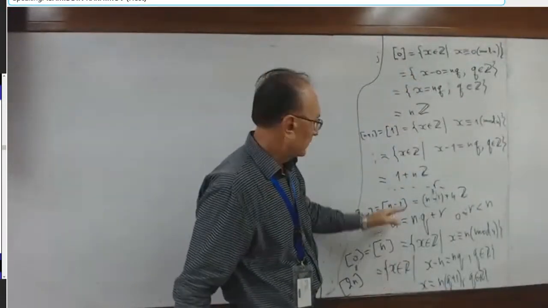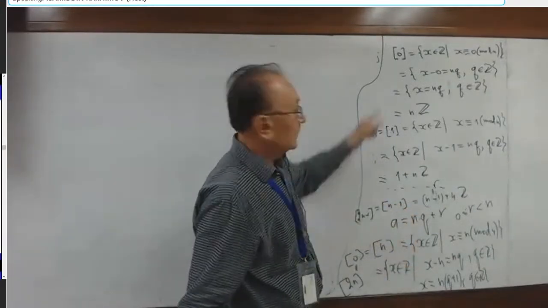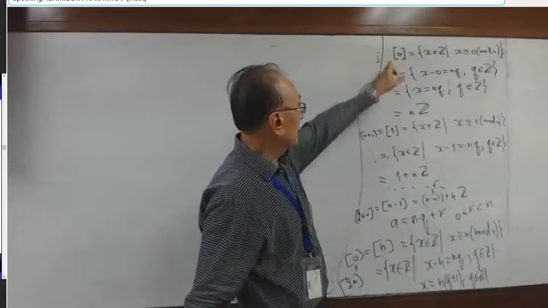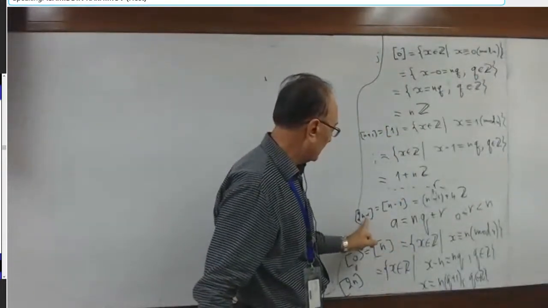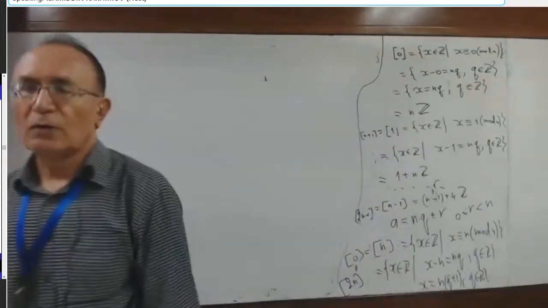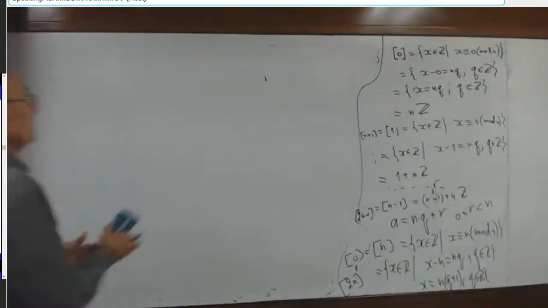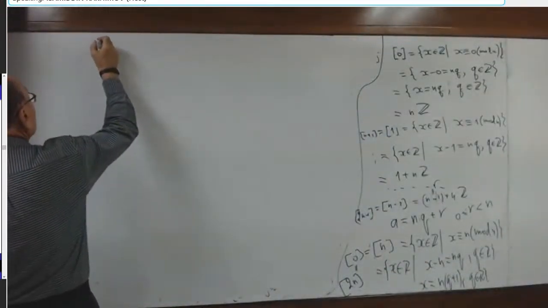No more, because if you go beyond, then you will repeat again. For N you will get this, for N plus 1 this, for 2N minus 1 this, then for 2N again this. You will repeat. So altogether you have only N equivalent classes.